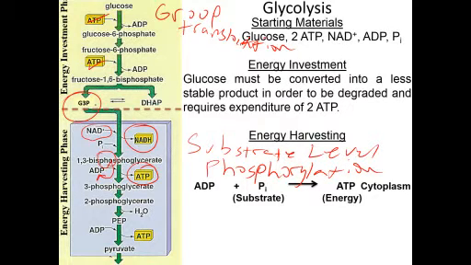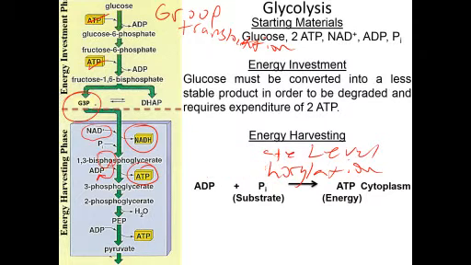Here your substrate is going to be 1,3-bisphosphoglycerate, and you're going to transfer a phosphate group from that molecule to ADP, adenosine diphosphate, and you end up with ATP, adenosine triphosphate.